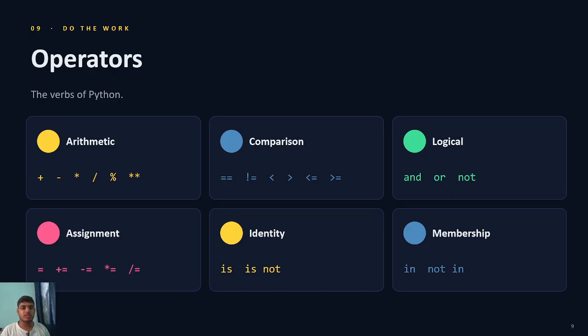An operator is a symbol that tells Python to perform a specific operation on one or more values. Think about the symbol plus that we use in mathematics when we write 5 plus 3.